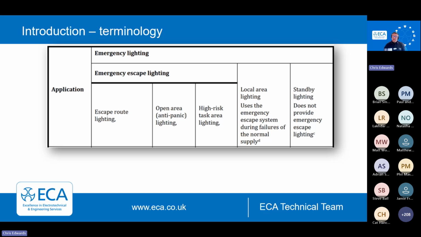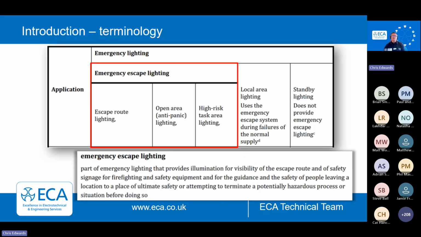Emergency escape lighting encompasses 3 elements: route lighting, open area, and high-risk task. Emergency lighting per se also encompasses other areas too, which we'll look at shortly, but emergency escape lighting is not necessarily the same as emergency escape route lighting.